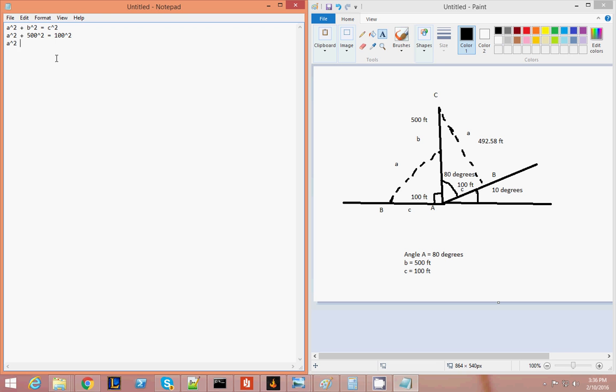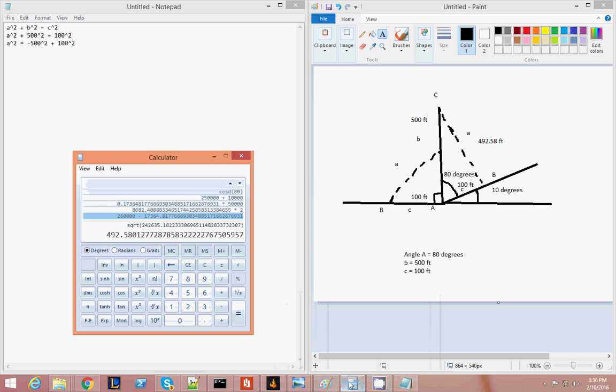Then we just calculate using math. So negative 500 squared is equal to 250,000 plus 100 squared, which is 10,000, and then we'll add them up.